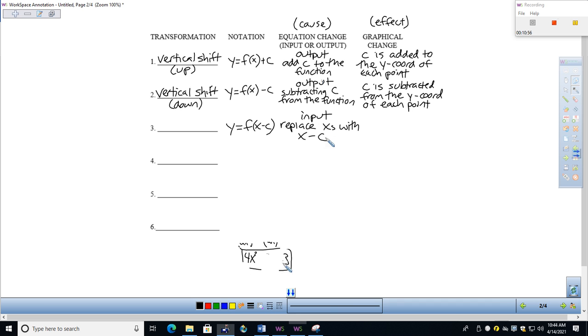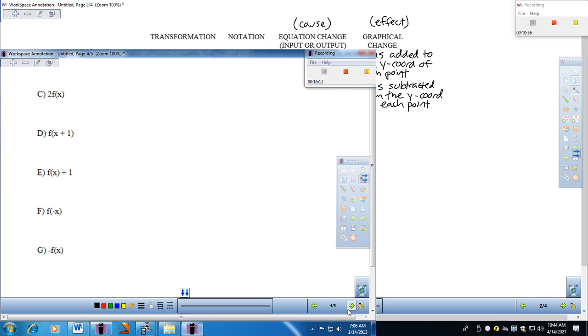Okay, good. Let's go get the next set, and start developing your input change versus output change. So let's look at letter C. In this case, notice it's 2 times f of x. And so the question is, is this an input change or an output change? Am I changing x or am I changing f of x? In this case, it looks like x is the same.